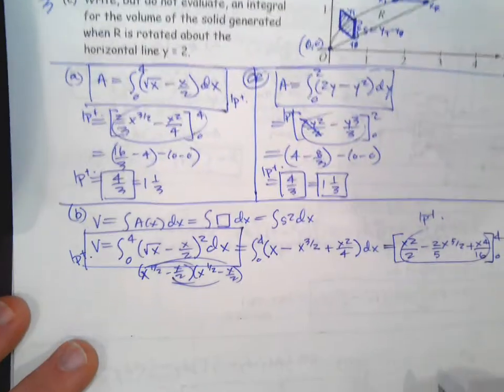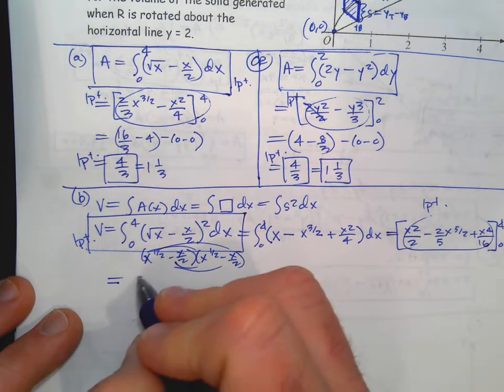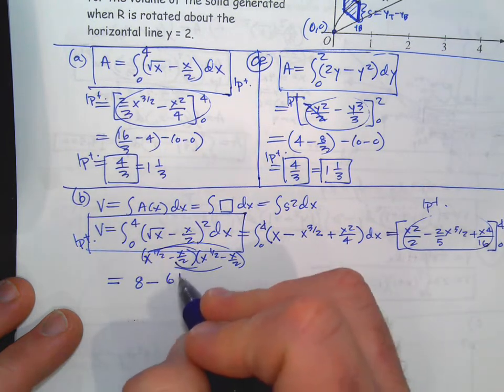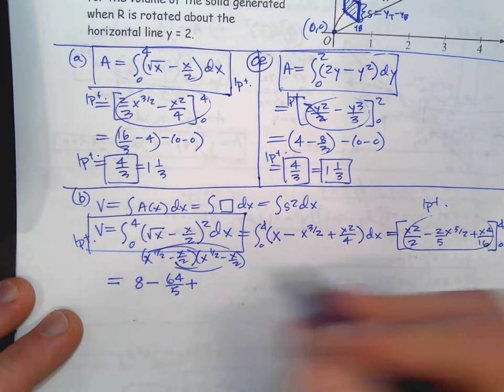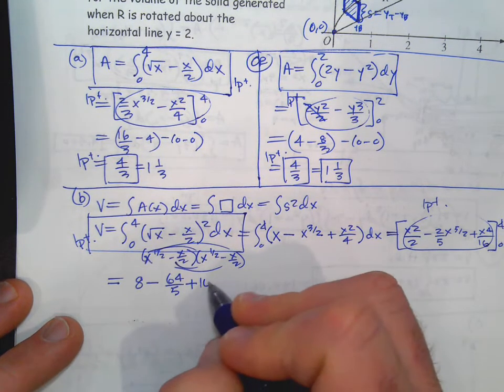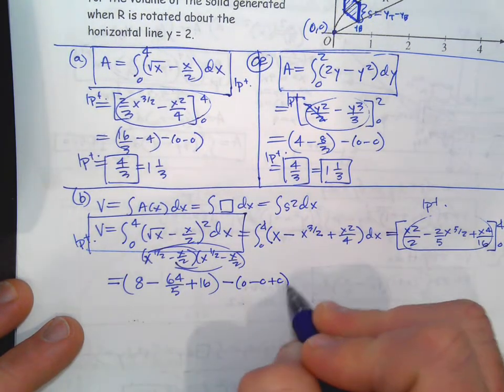And then we've got to plug numbers in. So we're going to get 16 over 2 is 8, minus the square root of 4 is 2, to the 5th is 32, 64/5, plus, you could take a 16 out of this, there's going to be 16 left, minus 0 plus 0.